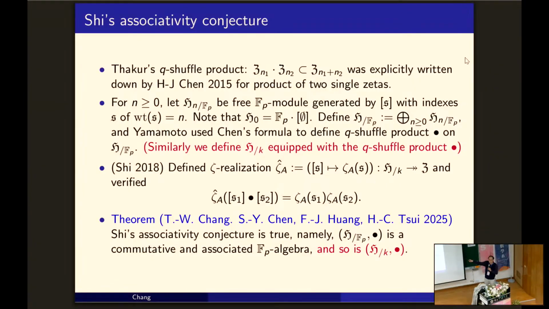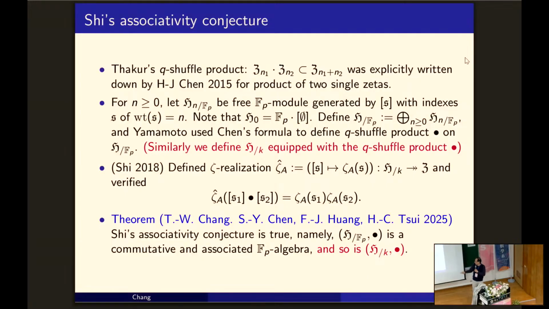And for this space H over F_p, by definition, you can check that it's commutative. But still, in her PhD thesis, she conjectured that this H should be an associative algebra. Associativity is a very simple definition in an abstract algebra course, but in this setting, it's a difficult problem.